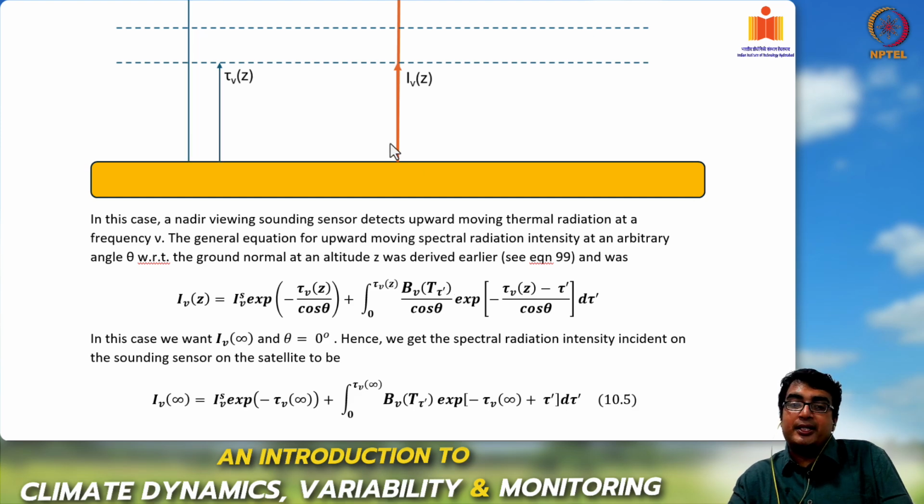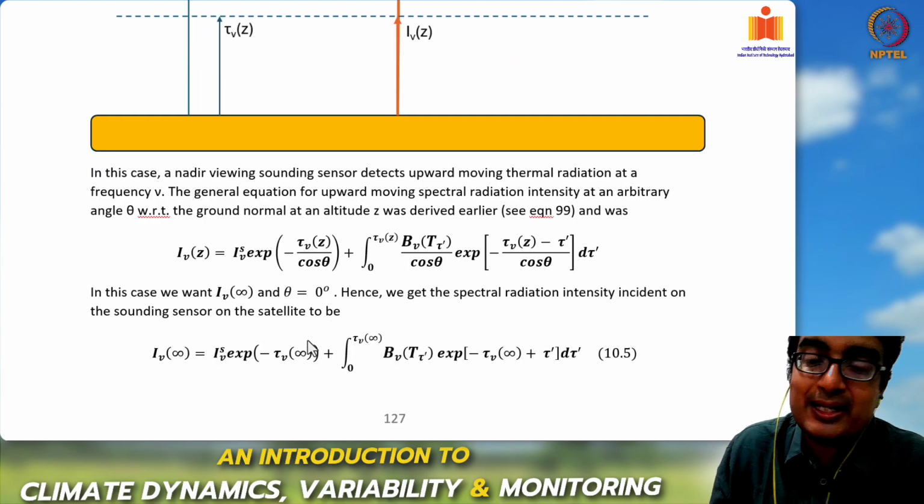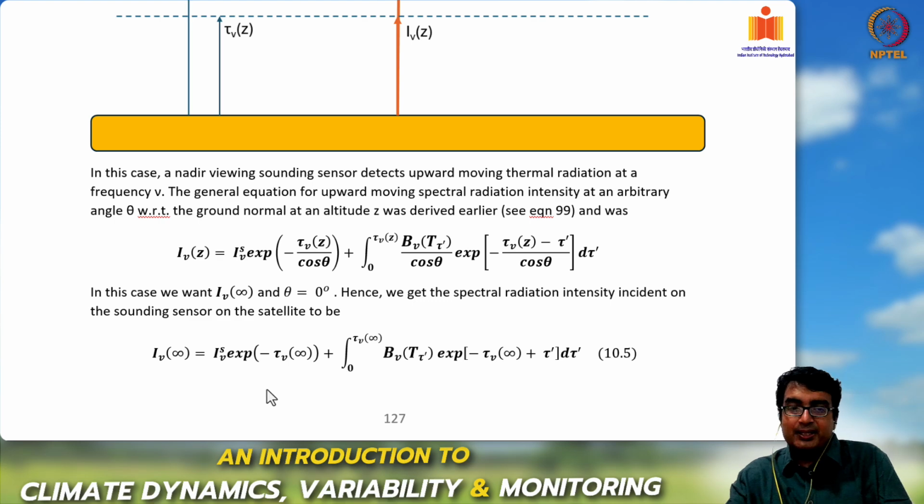Whatever the temperature at a given optical thickness along this path by cos theta, again theta is the zenith angle, multiplied by the attenuation of that emitting atmospheric layer at altitude z, so exponential of minus tau nu at z minus tau prime, where tau prime is between 0 and z, by cos theta, d tau prime. So this is the emission from the intervening atmospheric layers, and this is the attenuation of the ground emission. Okay. So we have seen this when we discussed the basic radiation theory many classes ago.